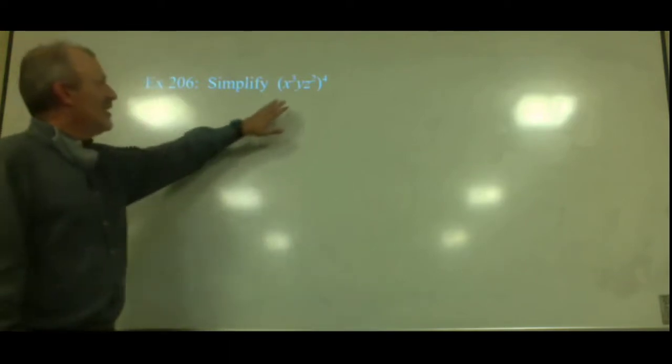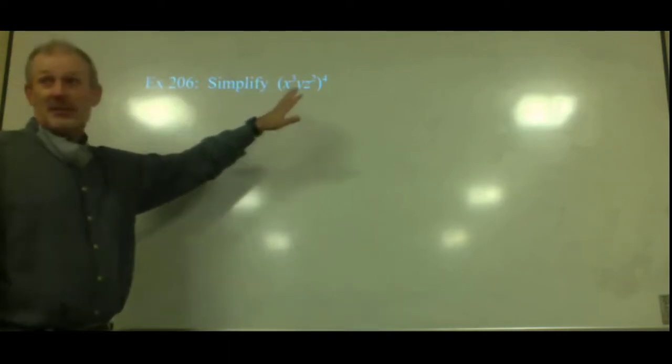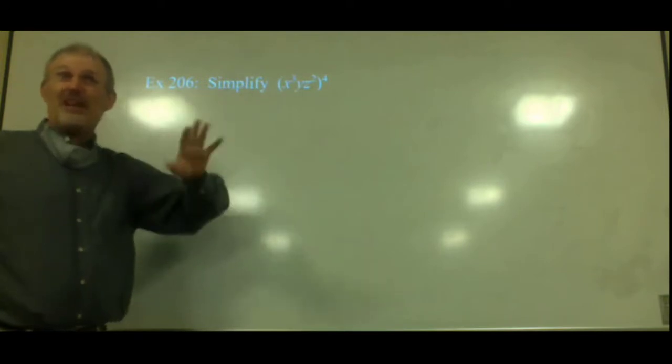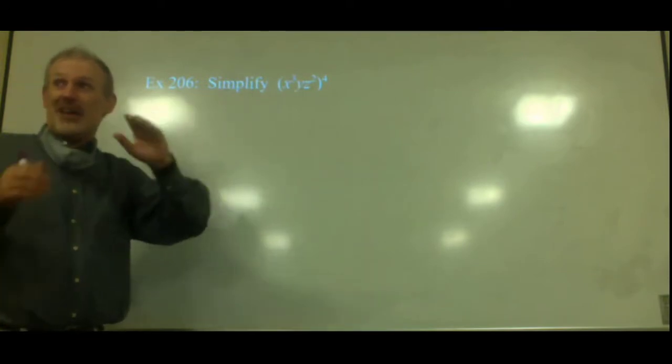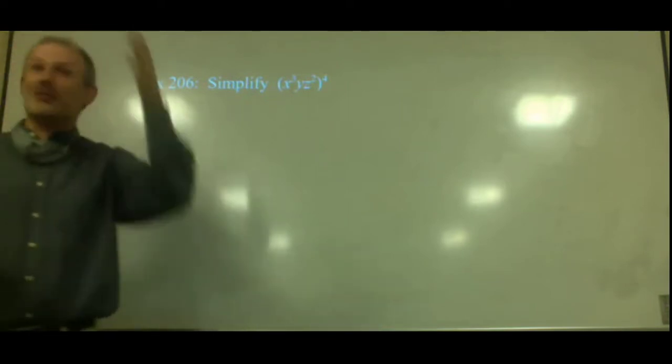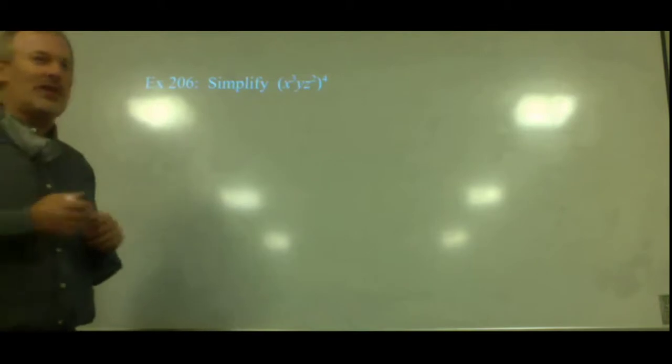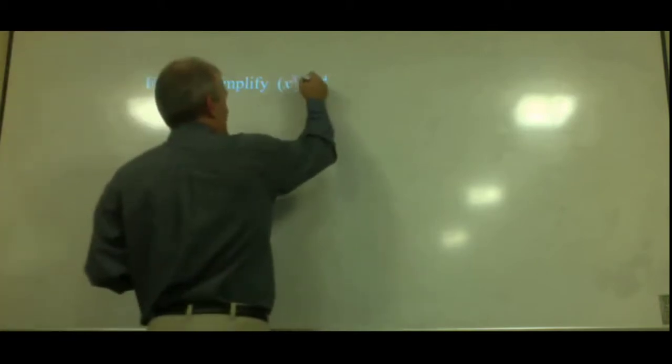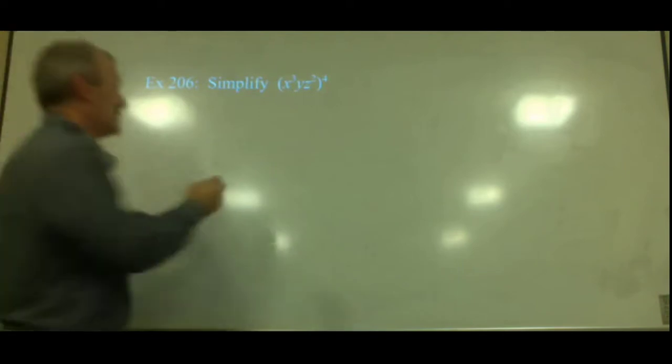Okay. Looking at this one, now this is where we start combining things, right? Because it's not just an x and a y and a z inside. There's x to a power and y not to a power and z to a power. But here's what we're going to do. It's this times this, right? So this is our product rule. So here's what that means.